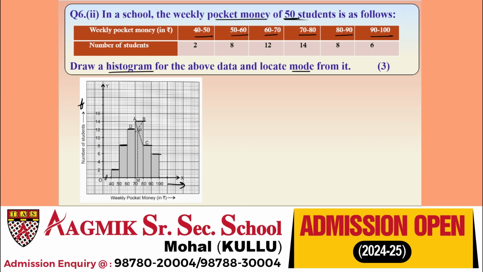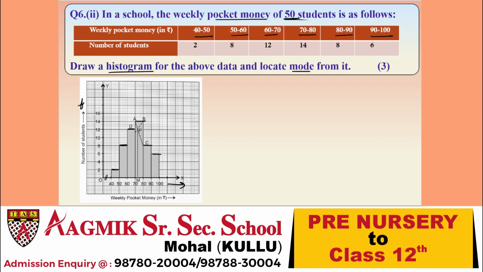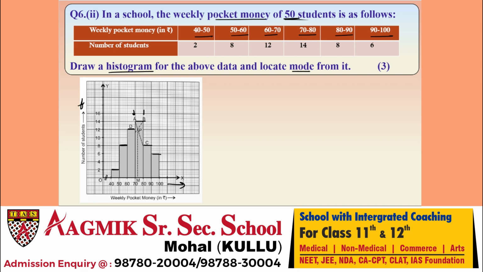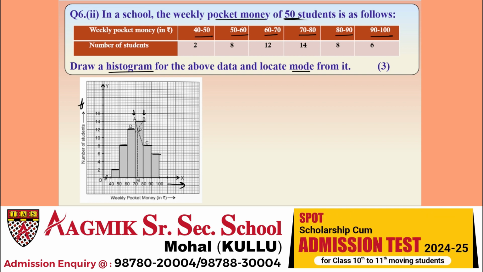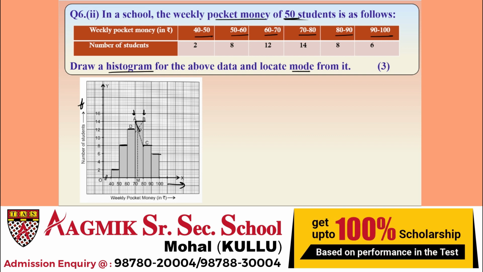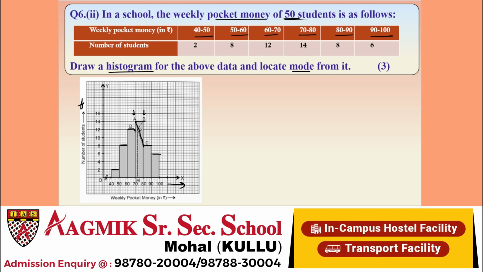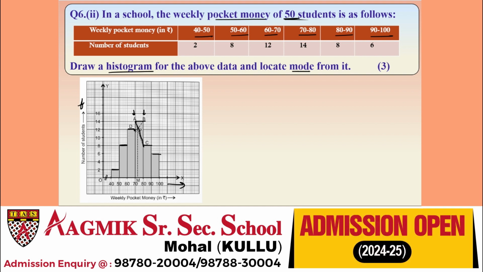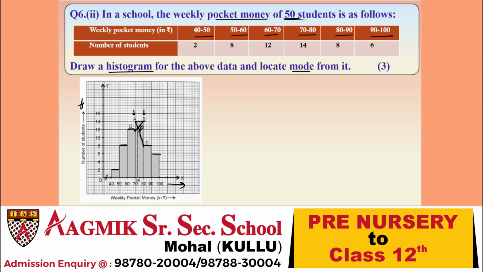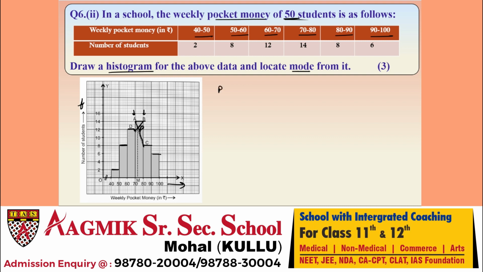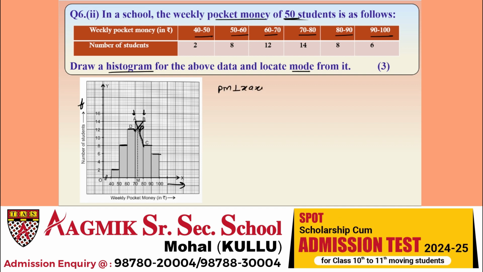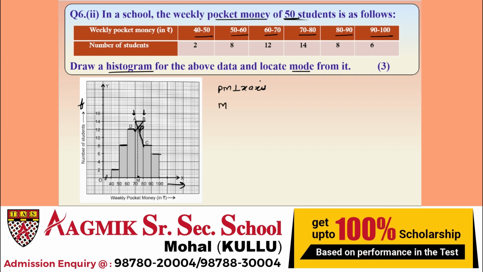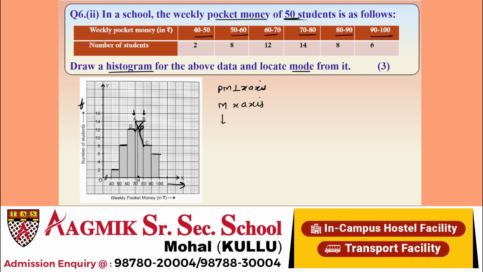Now how do we obtain the mode from it? From the tallest bar, if you name the points A and B, then for the previous bar, you join A to this point C. We join AC over here, and then D is the point at the height of the previous bar, so you join it to B. Suppose the point of intersection is P. From P we draw PM perpendicular to the x-axis. It meets the x-axis at M. So M is on the x-axis and its abscissa will be 72.